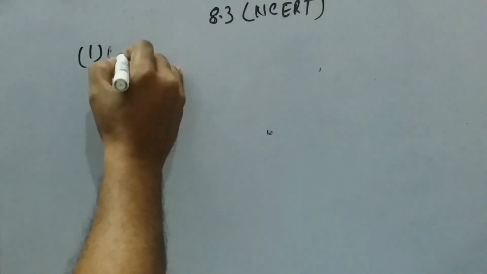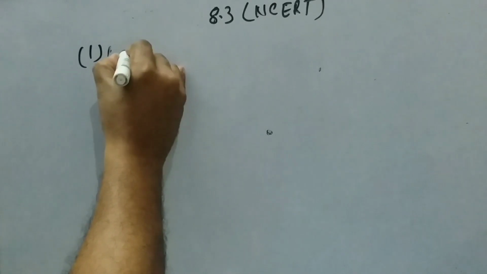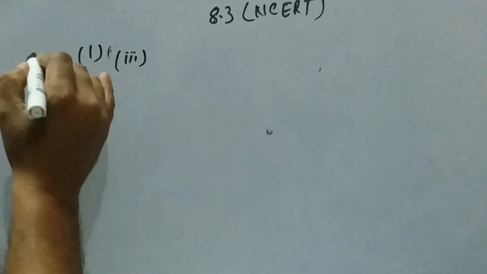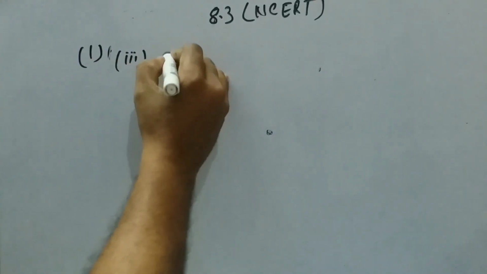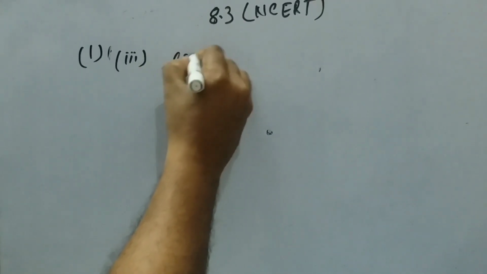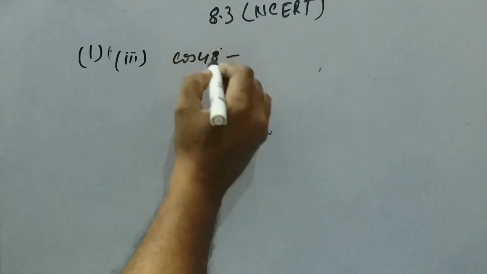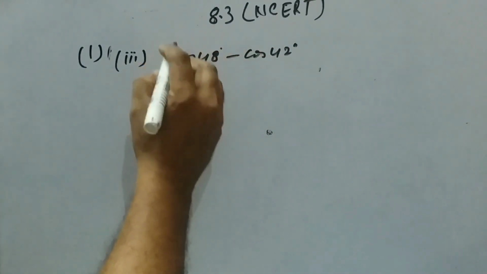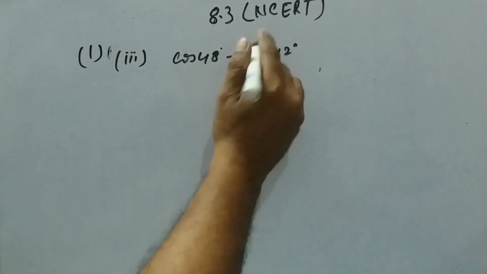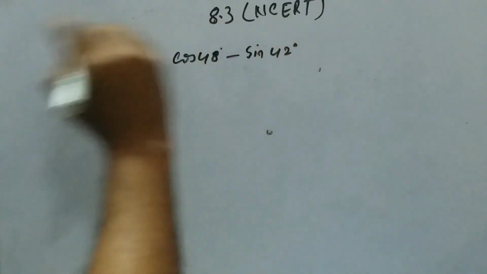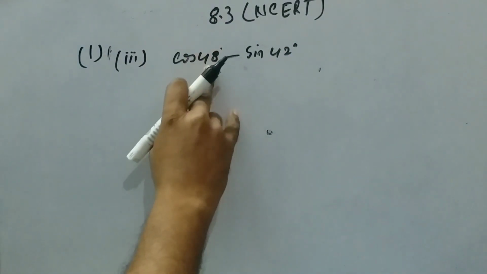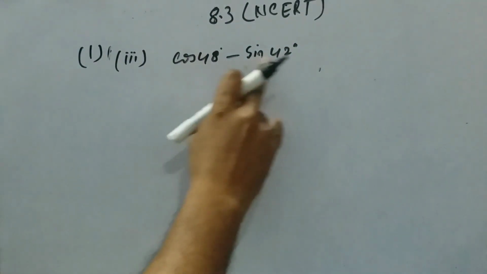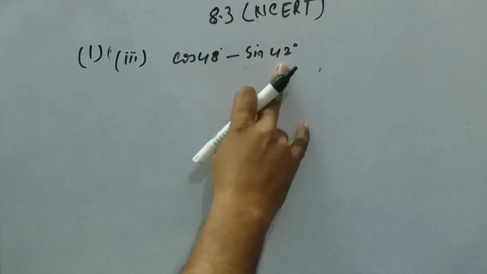Okay, now question number 3rd: cos 48 degree minus sin 42 degree. Here 48 degree plus 42 degree is equal to 90 degree.